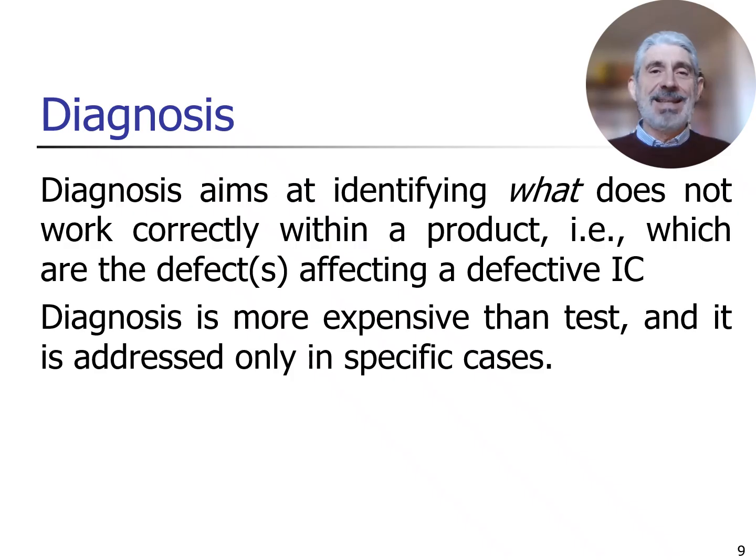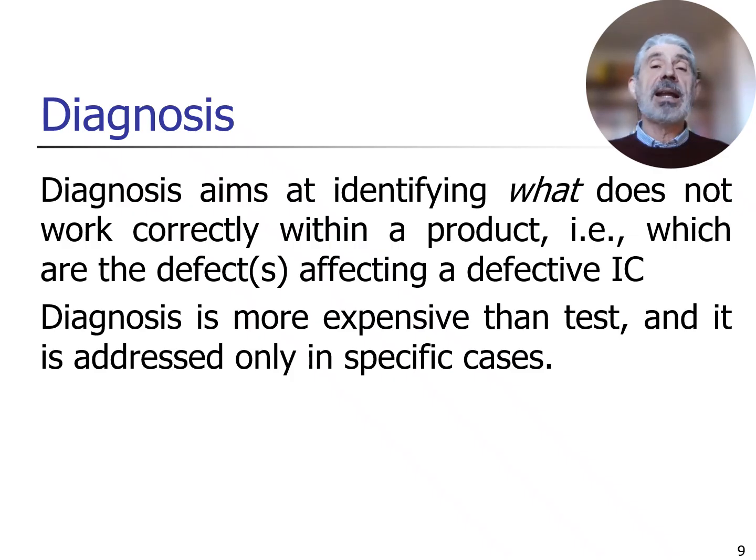So it's a matter of understanding what is wrong so that we can improve the manufacturing process, so that the manufacturing process increases the outcoming yield. Okay? We need to understand which defects are inside for this reason.